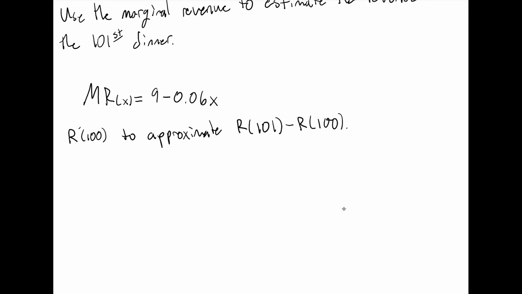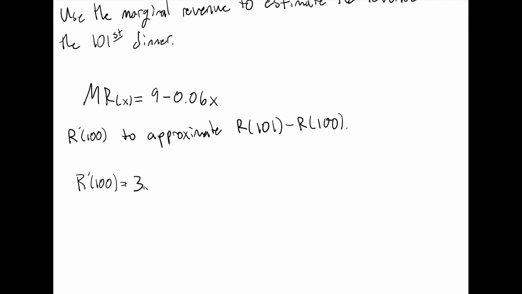is similar to what we did in part 2 using that estimate idea. So first, R prime of 100 equals, we do a little calculator work here, and we get 3. Nice and easy. Sorry.